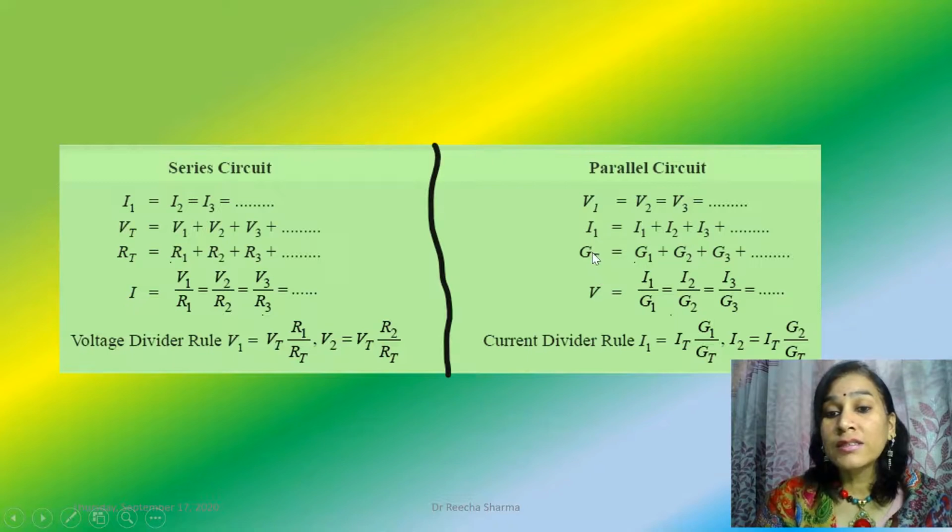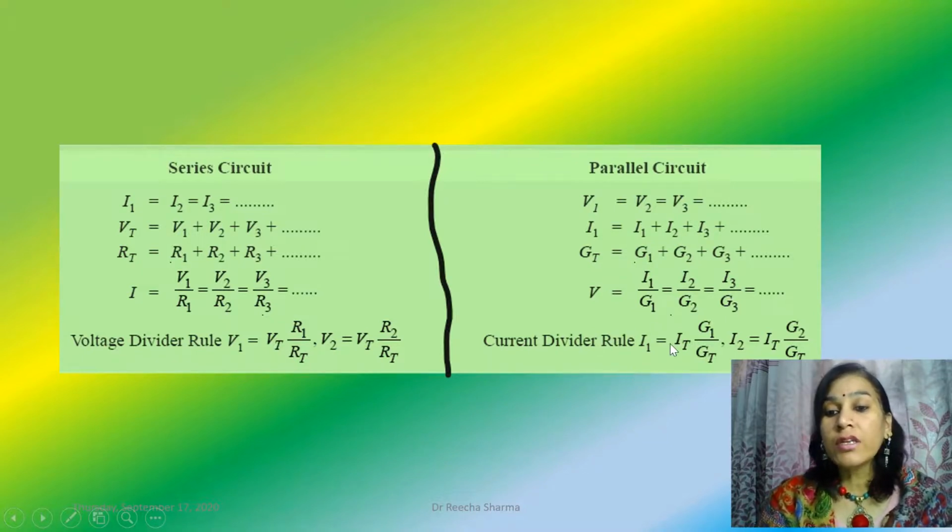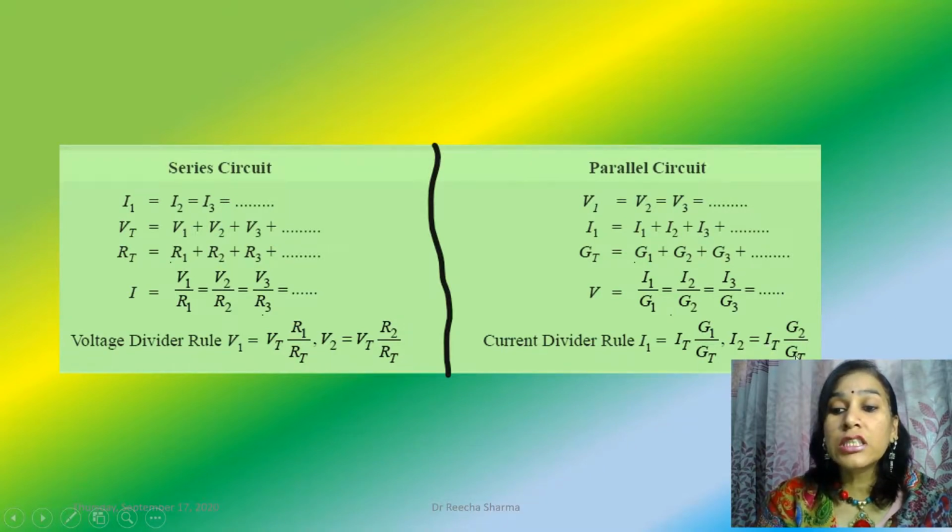Then conductance, GT is equal to G1 plus G2 plus G3, and voltage is equal to I1 upon G1 is equal to I2 upon G2 is equal to I3 upon G3, and current divider rule, as I have explained earlier, I1 is equal to I total times G1 upon G total, and I2 is equal to I total times G2 upon G total.